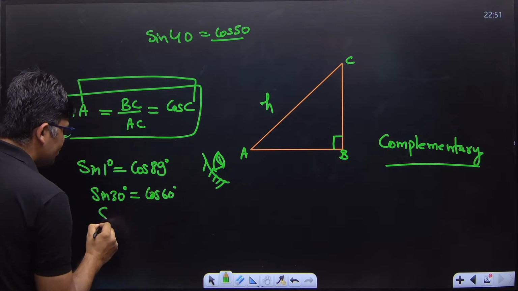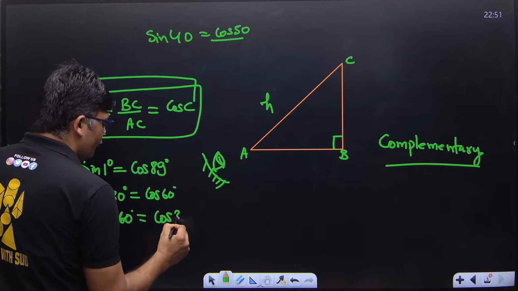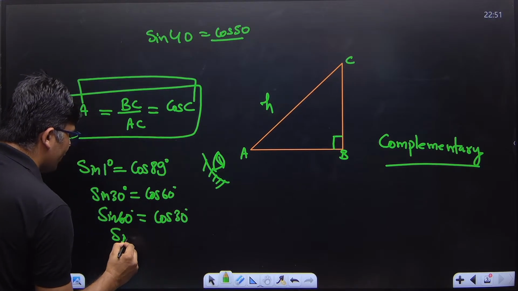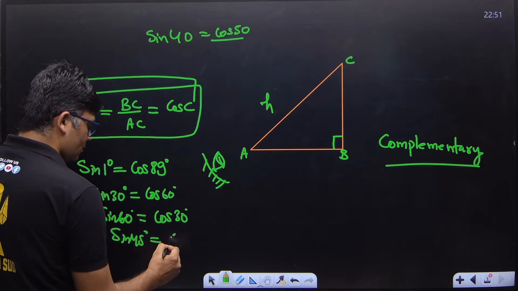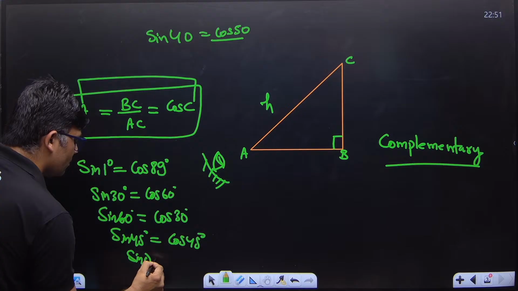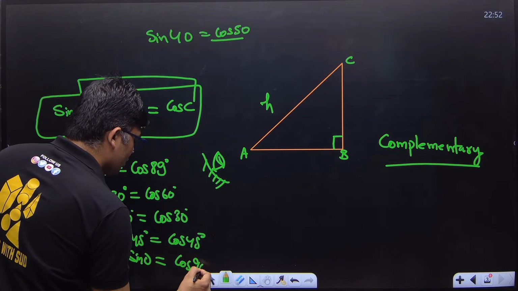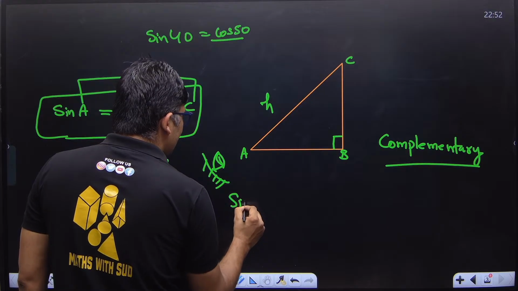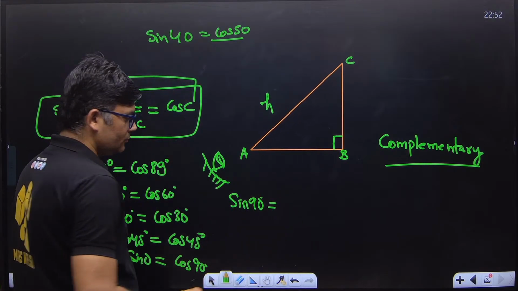What is sine 60 degrees equal to? Cos 30. Very good. What is sine 45 degrees equal to? Cos 45. And what is sine 0 equal to? Cos 90. Very good. What is sine 90 equal to? Cos 0. Wonderful.